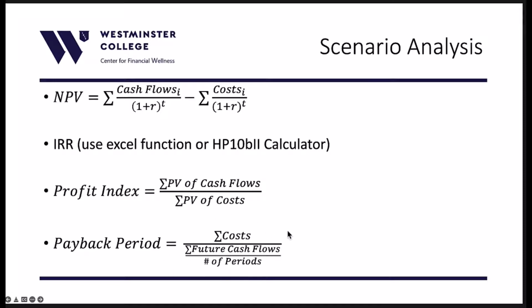Also, this equation is for constant cash flows. So if you're getting, say, $100 every month, that works. If you have non-constant cash flows, so one month's 100, one month's 500, projected out at different rates, then you'd just need to use a running total.